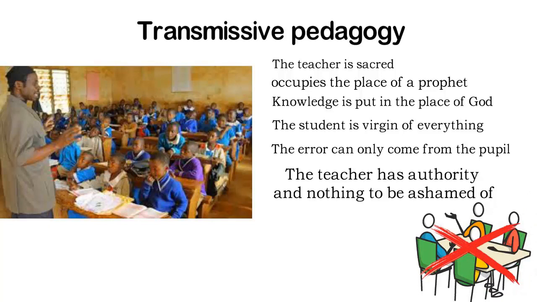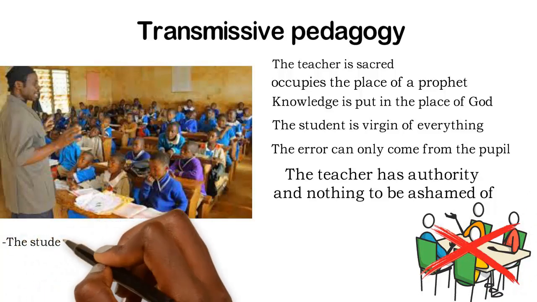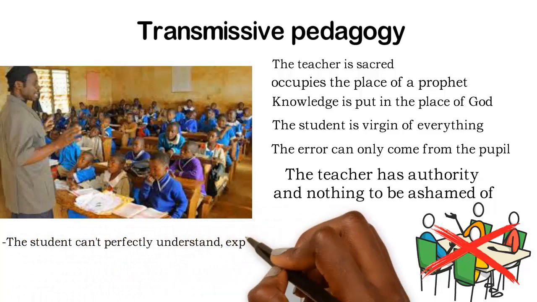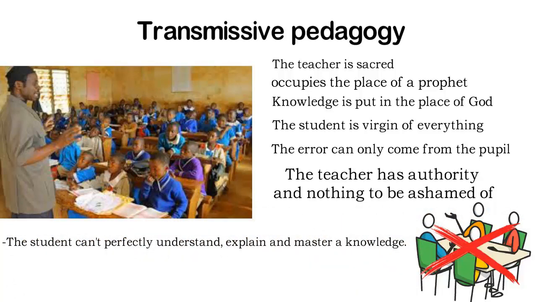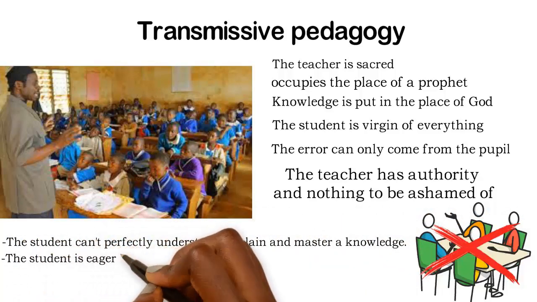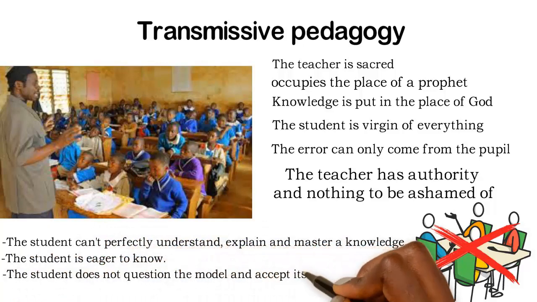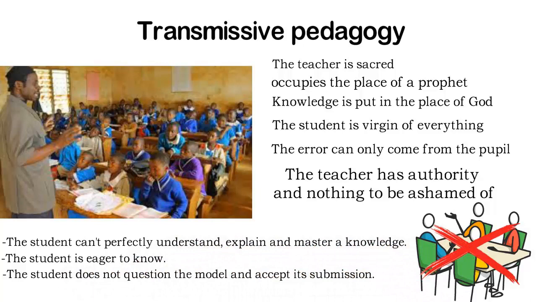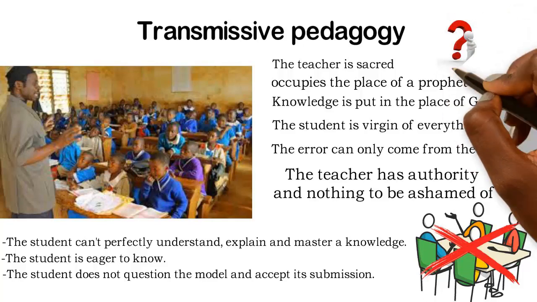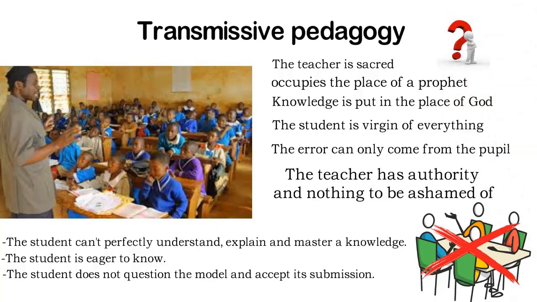It assumes that the student can't perfectly understand, explain, or master a knowledge. The student is eager to know. The student does not question the model and accepts its submission. This model works and has been proven at the time. But for whom? How can you use it today?